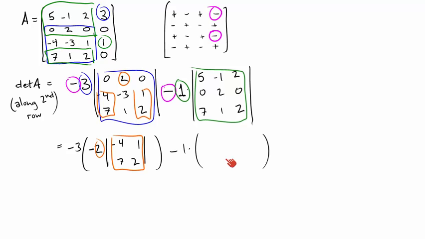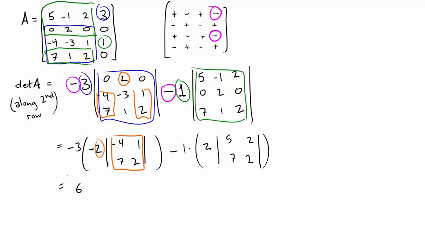And now for the second 3 by 3 determinant, we see the second row here has 2 zeros, so we'll have a factor of 2, but now be careful, this 2 will have a plus sign associated with it, and it will get multiplied by the 2 by 2 determinant 5, 2, 7, 2.